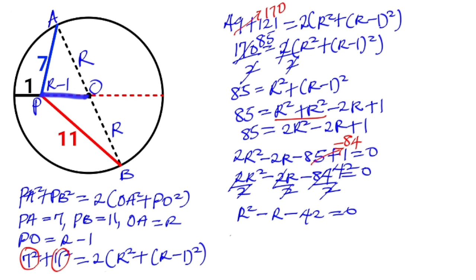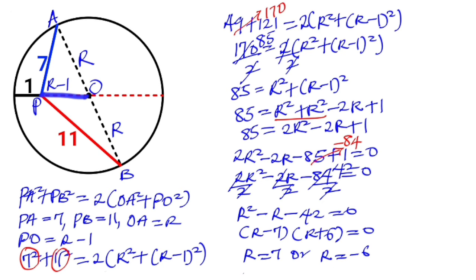Factoring this quadratic expression gives us (R minus 7) times (R plus 6) is equal to 0. Simplifying this gives us two possible values for the radius. R is equal to 7, or R is equal to negative 6.